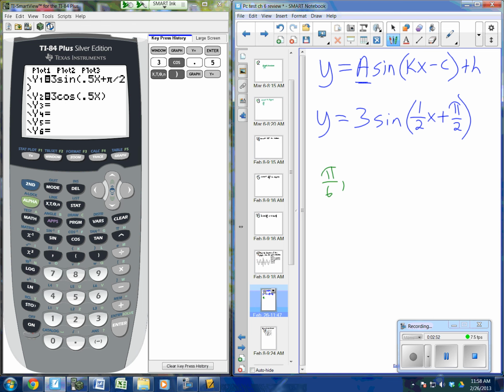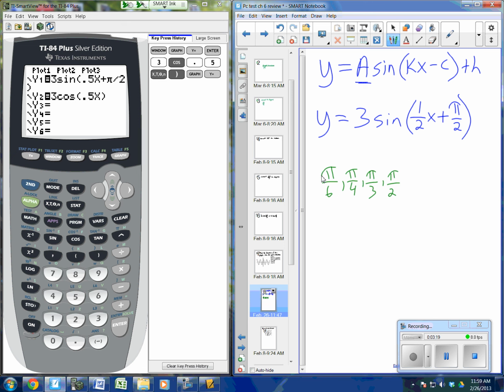It'll be either pi 6, pi 4ths, pi 3rds, pi halves. It will probably be one of those 4 numbers. You can just try all of them. I might shift it left or right. It might be positive or it might be negative. But every single phase shift is going to be one of those numbers.